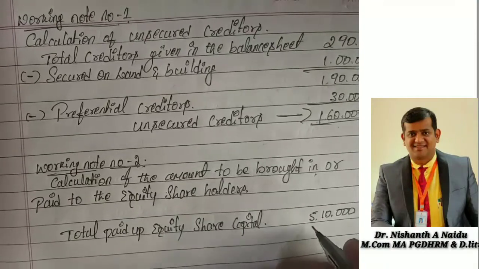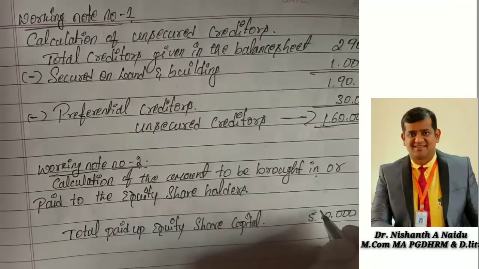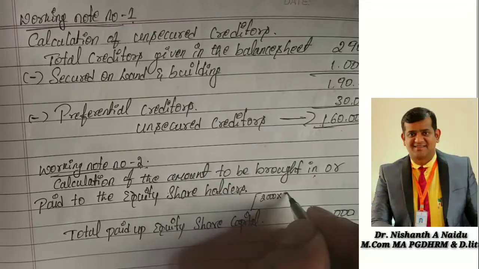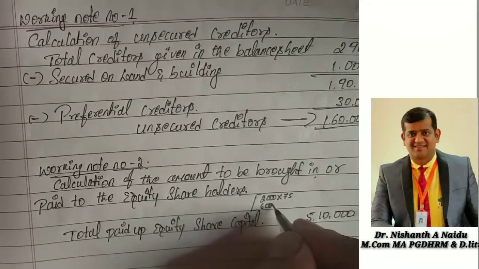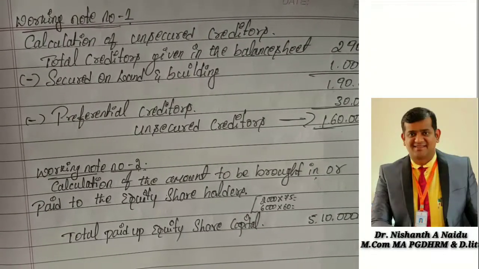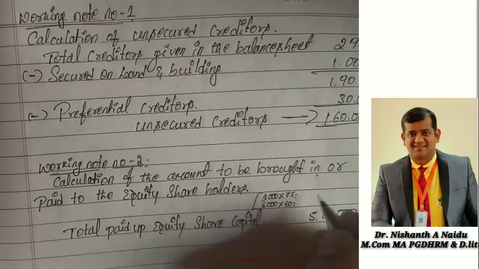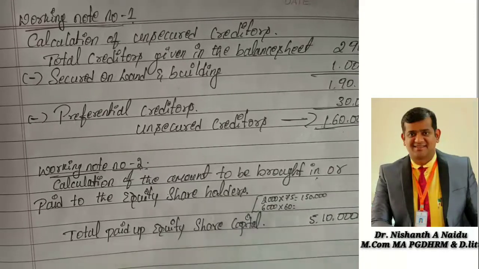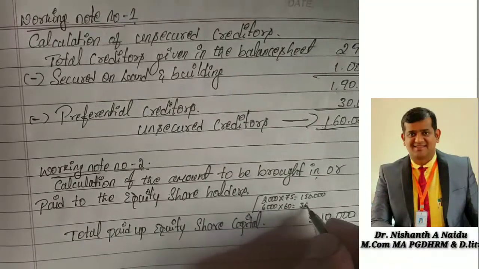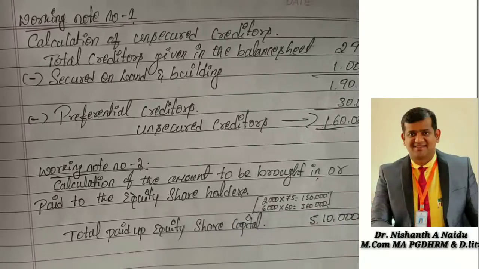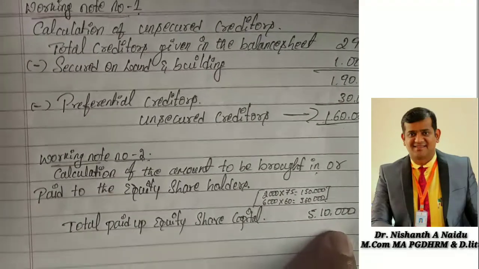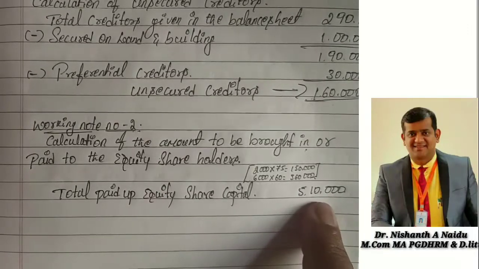Clear? How did I get 5,10,000? 2,000 shareholders have paid 75 rupees and 6,000 shareholders have paid 60 rupees. 2,000 into 75 is 1,50,000. 6,000 into 60 is 3,60,000. If you add both, 3,60,000 plus 1,50,000 comes to 5,10,000 rupees.